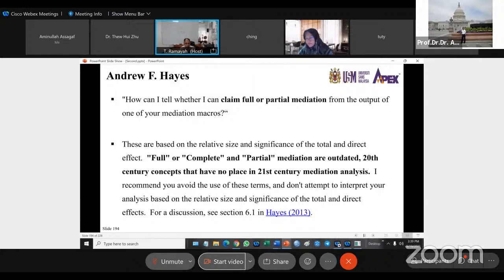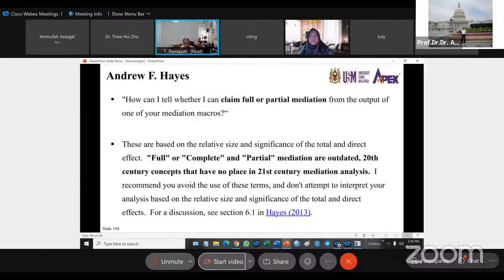This full or partial mediation is an outdated 20th century concept that has no place in 21st century mediation analysis. This is how strongly worded Andrew Hayes' statement is about full and partial mediation. So stop using them. You should not be looking at them anymore.